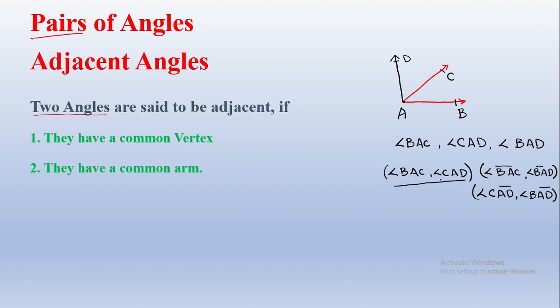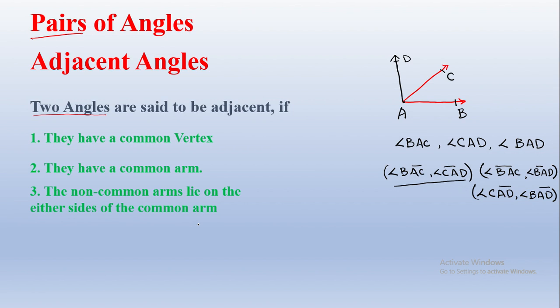Now, which pair will be called the adjacent angle pair? For that, we have a third condition, which says the non-common arms lie on either side of the common arm. That means the non-common arms should lie on different sides of this common arm.